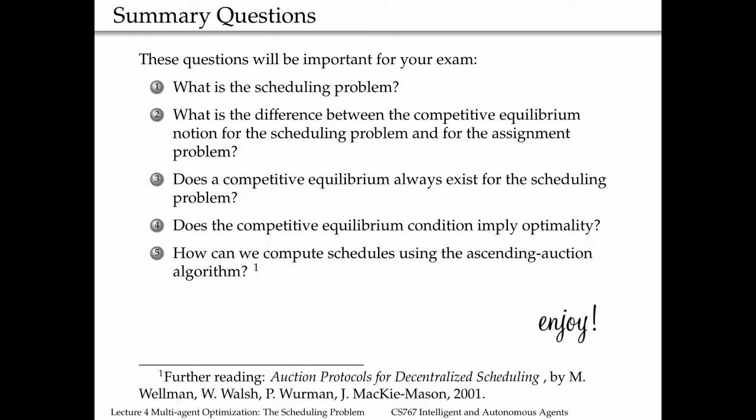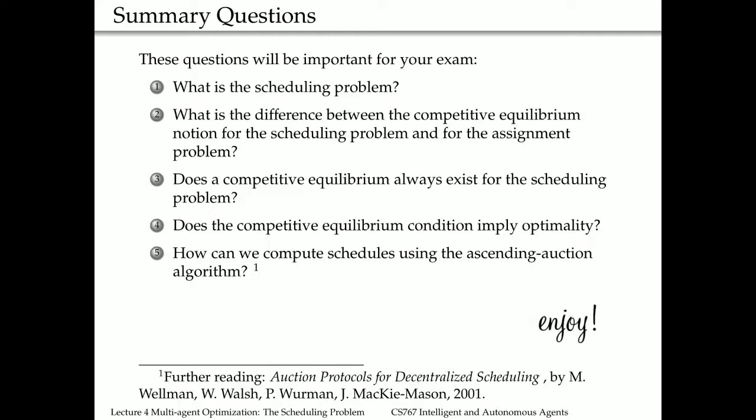So what you need to get from this lecture is the definition of the problem. How do we employ the multi-agent system to solve the problem? The crucial thing is the definition of competitive equilibrium, which is very naturally extended from the assignment problem. And the crucial thing is that there's still this relation between locally optimal choices and the globally optimal solution.